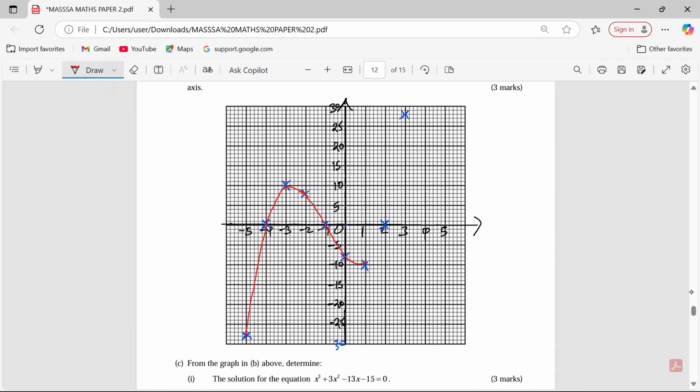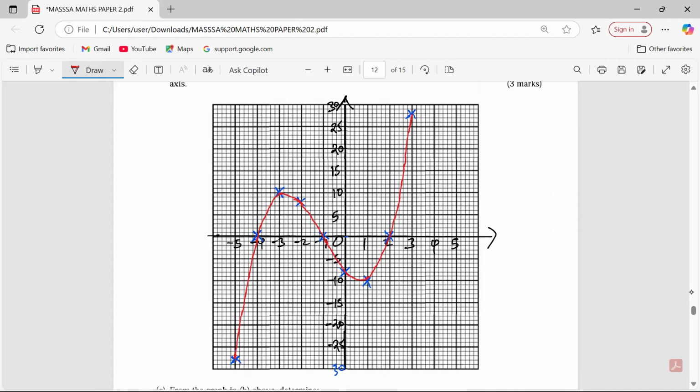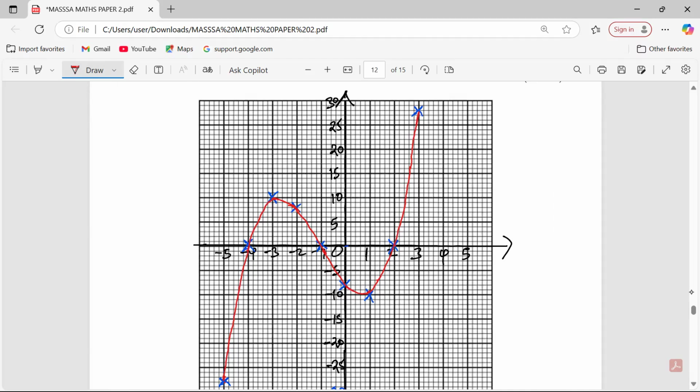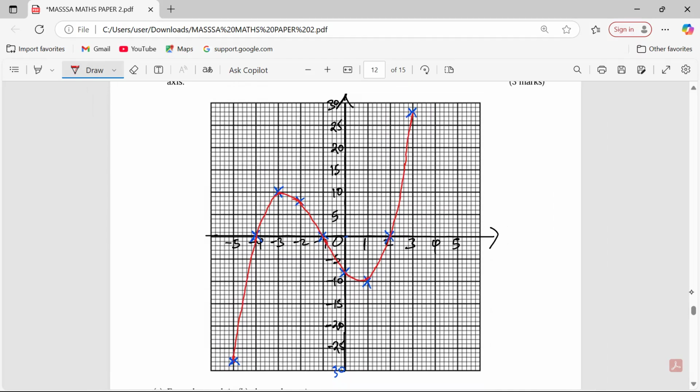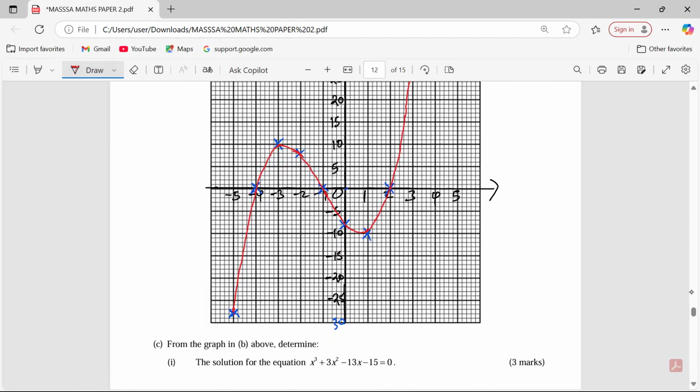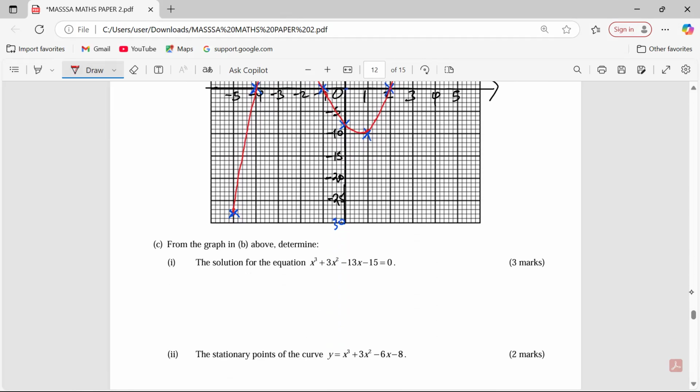Yes, so we have the cubic curve already plotted. A very good graph for this matter. So with this graph now, we proceed to answer questions in part C.